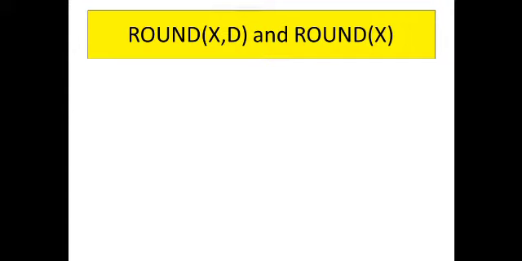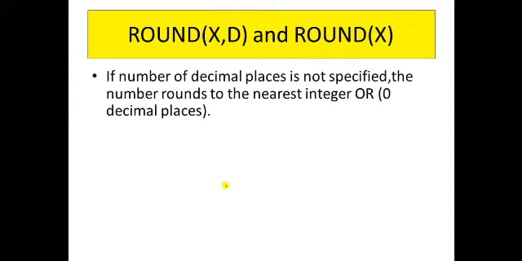Now what if the decimal places are not specified? That is, the second parameter is missing. So we are now talking about this format of the round function, that only the value of x is given to you and the precision, that is D, is missing. Then what will happen? It's common sense that the number will be rounded off to the nearest integer value.